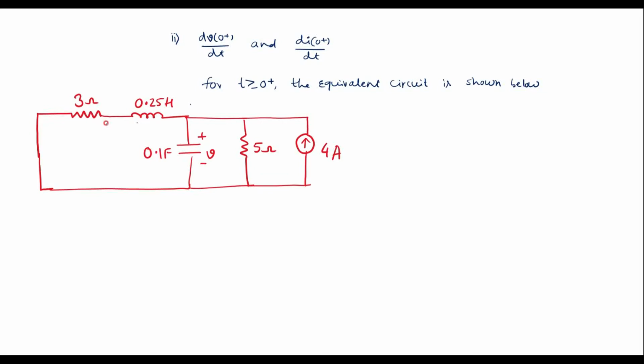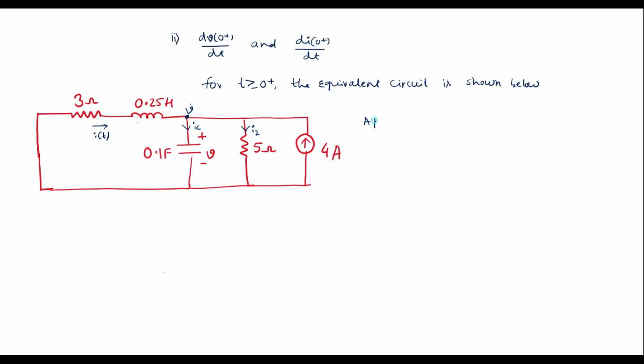Now we'll assume that the current in the circuit is I of t. Current through this branch is say I of C. Current through this branch is say I2. Now, if we consider this as a node, the voltage at this node is V. So now we'll try to apply KCL to this node.